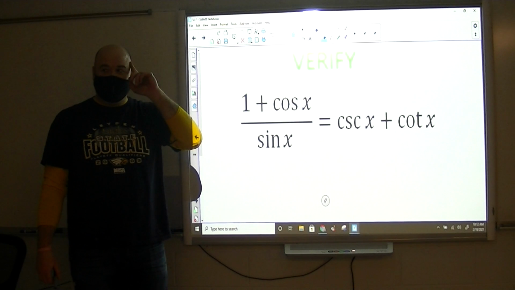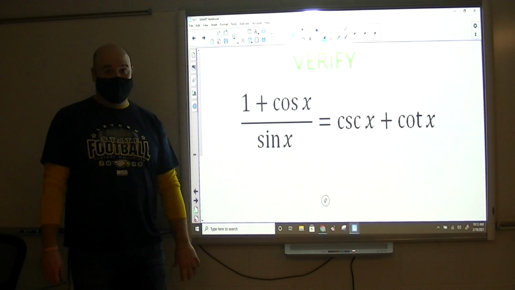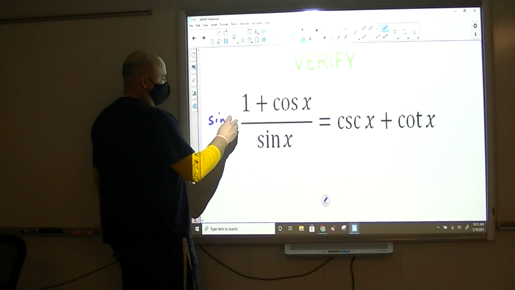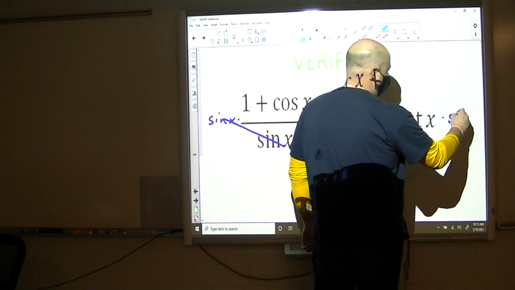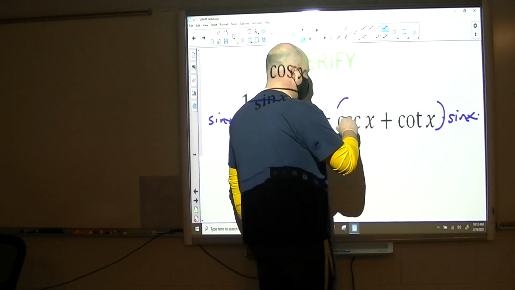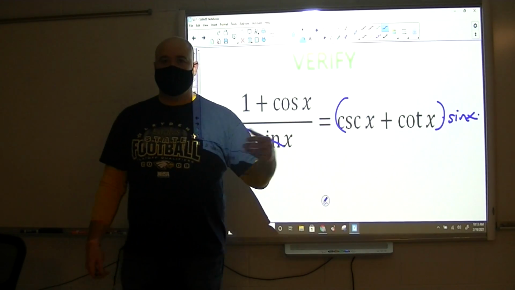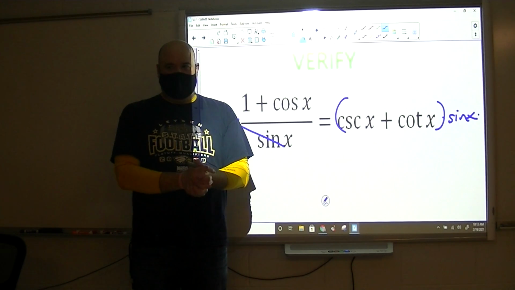And when you start thinking that you're solving an equation, you might look at this at some point and say, I'm going to multiply by sine x, so I can get rid of that. And multiply by sine x over here. Because if I do that, there's going to be stuff that we can do over there. Here's the thing. You can't do that.